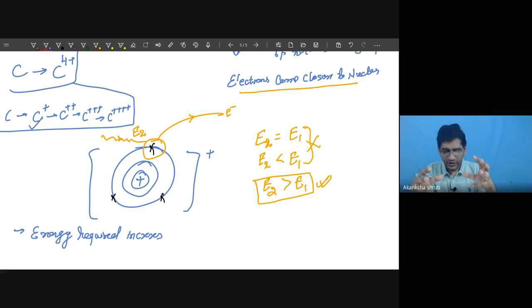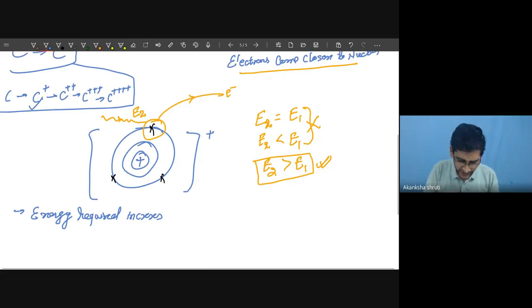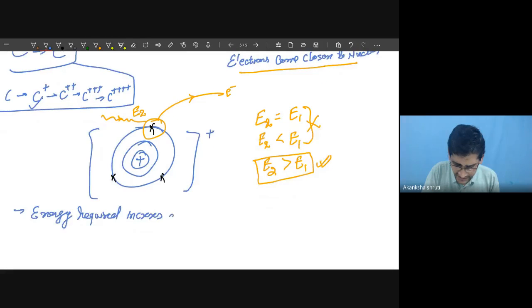After 40 kilojoule, if we want to remove the third electron, again 180 kilojoule. So that kind of exponential variation is there. Therefore, removing all 4 electrons is not possible. It's so simple.